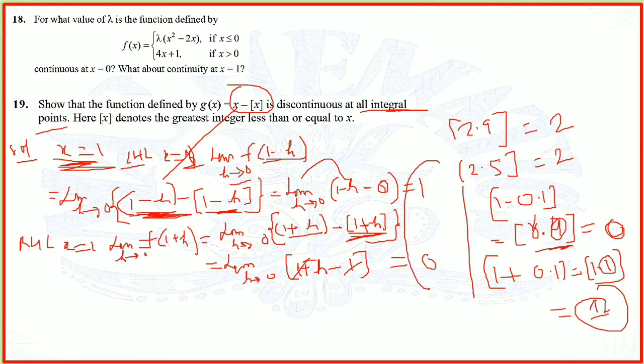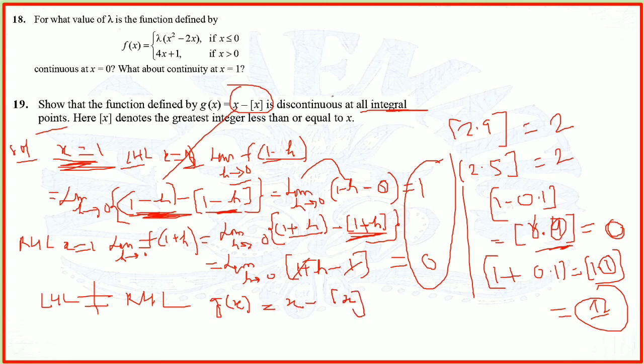Now from here we check the left hand limit and right hand limit and find that since the left hand limit is not equal to the right hand limit, therefore this function gx equals x minus greatest integer function x is discontinuous for all its integral points, for all its integral values.